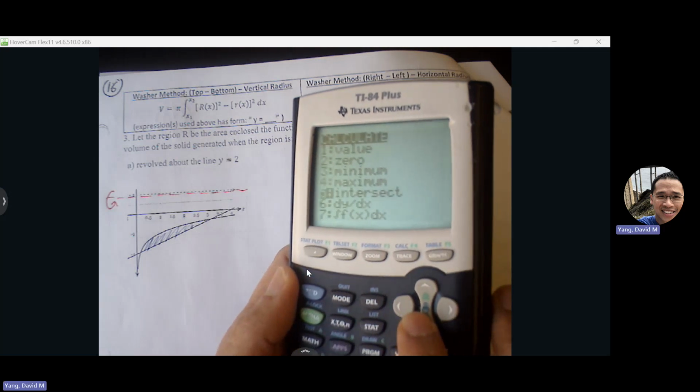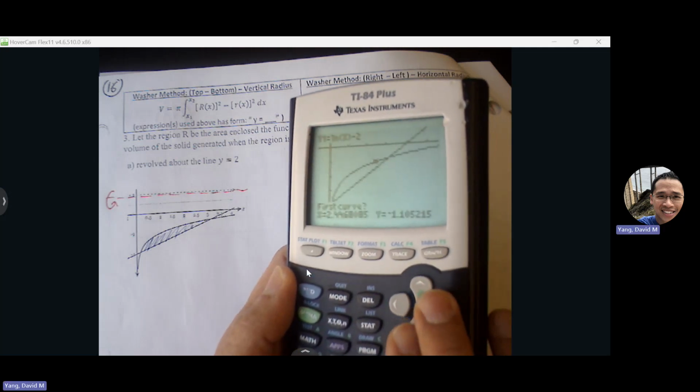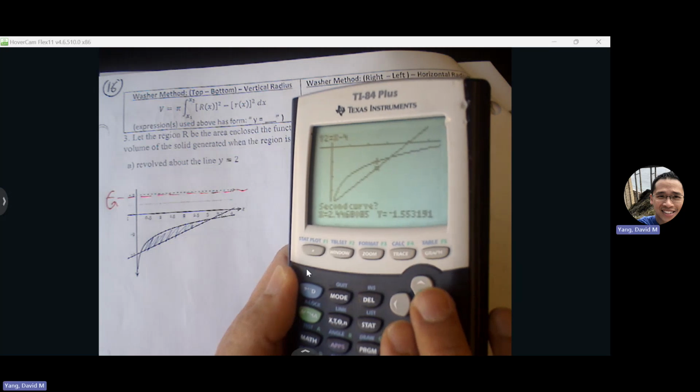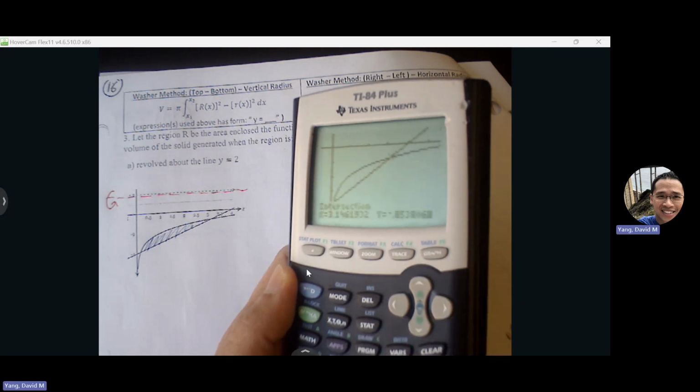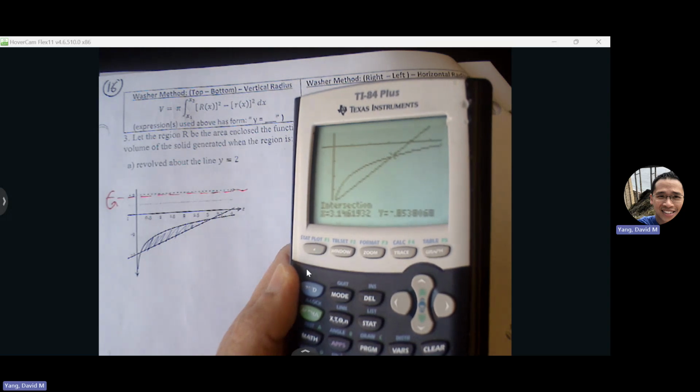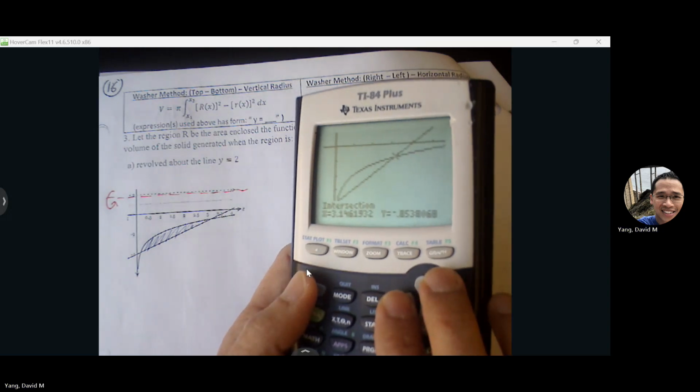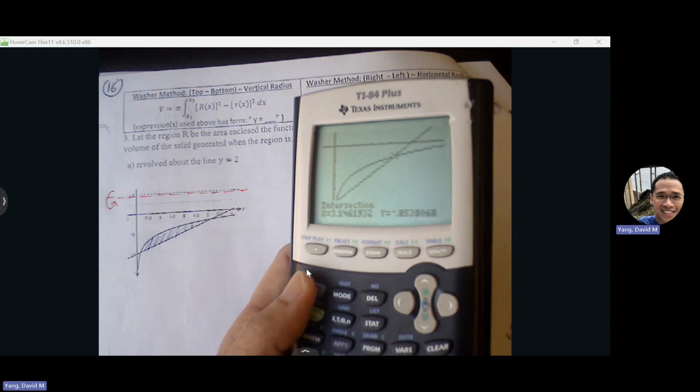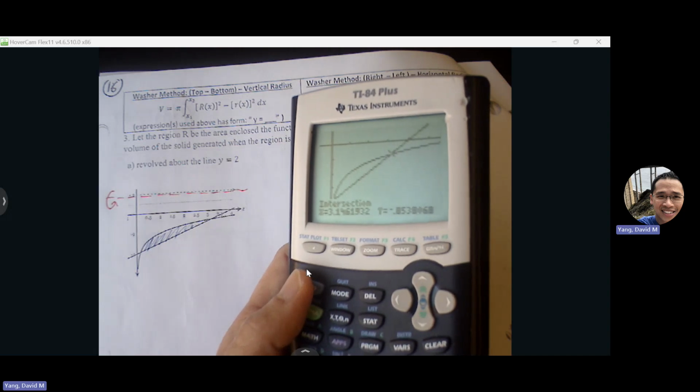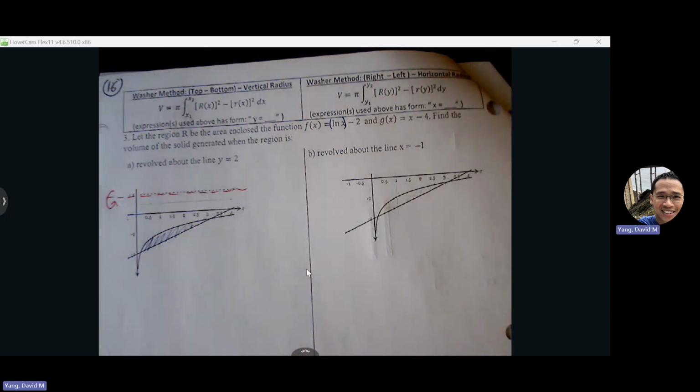Okay, second trace, intersect. Pick points close to the intersection, and make the calculator find it for you. You'll get 3.146. And the other one will end up being 0.159.